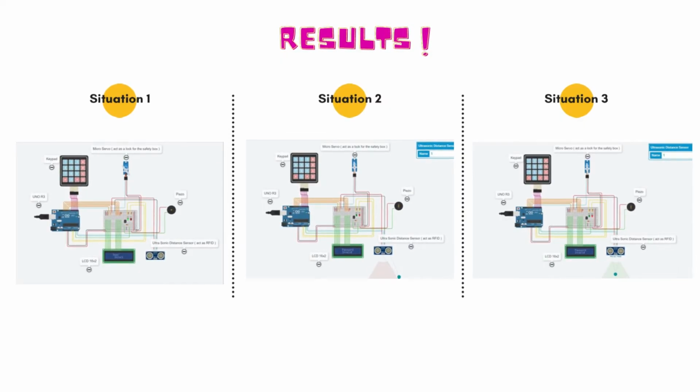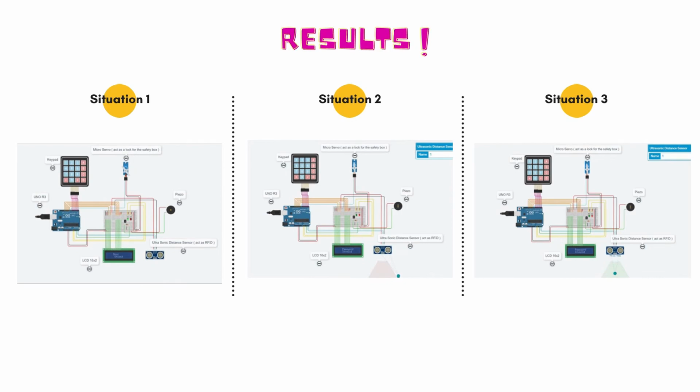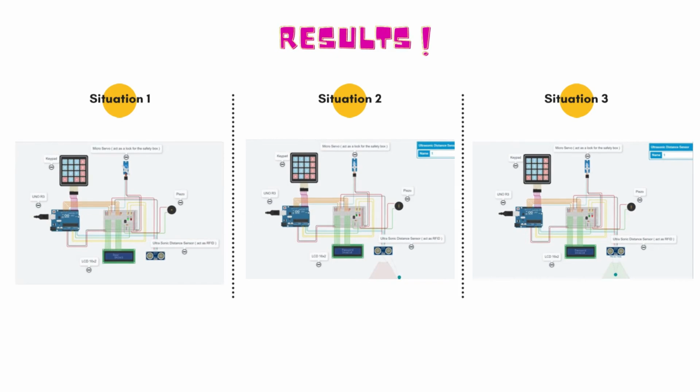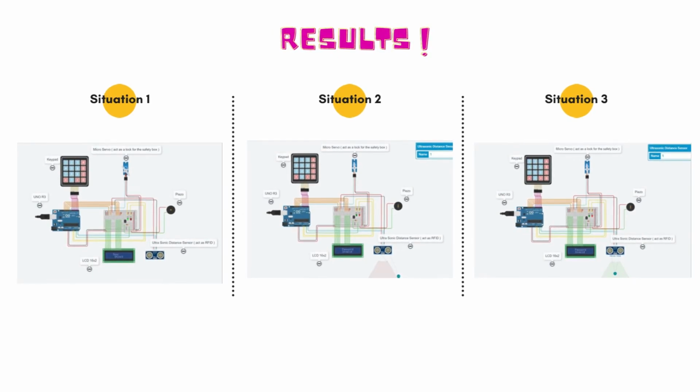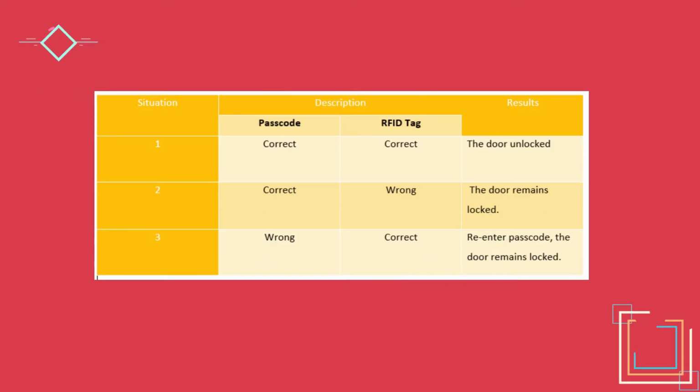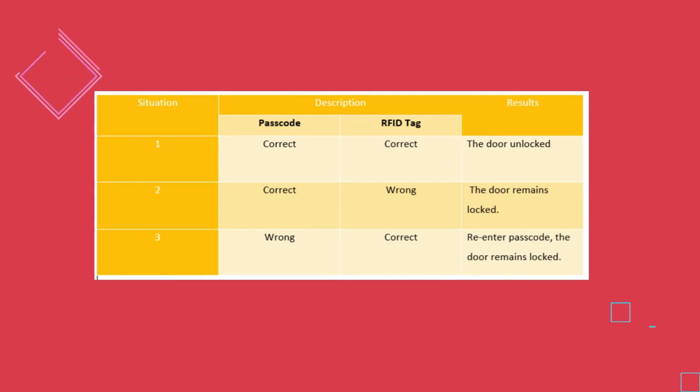This is the result for the three situations that I explained before: situation 1, situation 2, and also situation 3. The table states the three situations, and it will help us understand them better. First, we enter the correct passcode and the RFID tag is scanned, so the door will unlock.